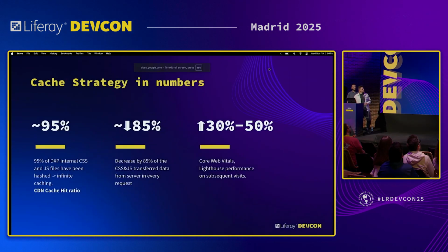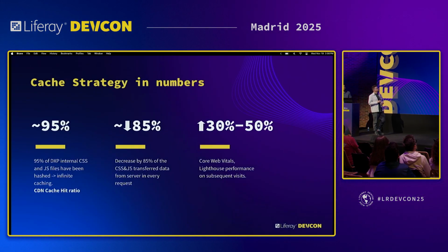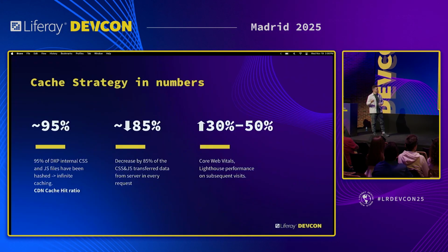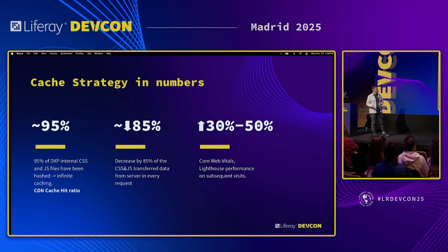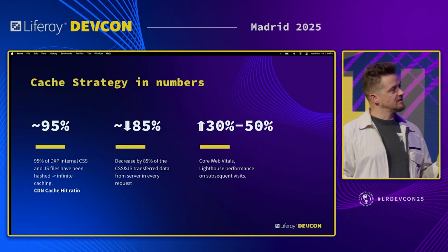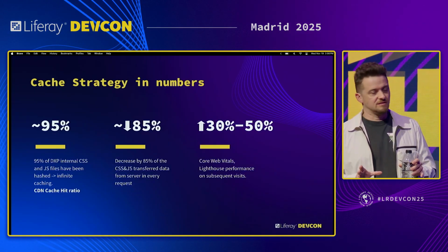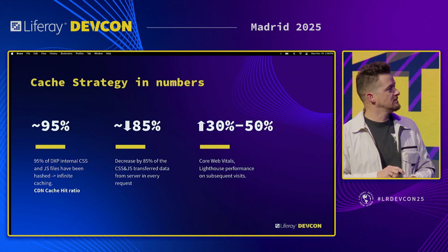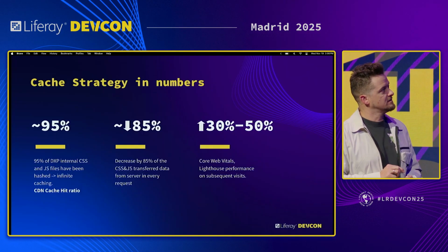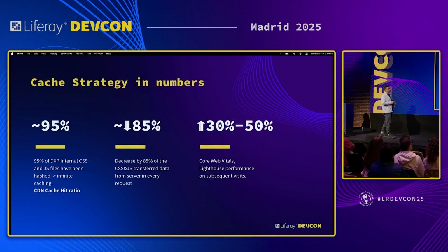So just to summarize some numbers, 90% of the DXP internal CSS and JavaScript files has been hashed, so they use cache busting, so we can rely on that. On each request that we do to the server, the transfer data regarding CSS and JS, not the images, of course, has decreased by 85% in following visits.